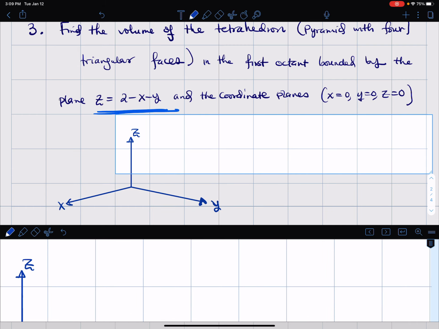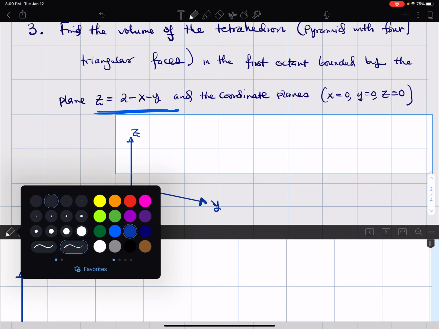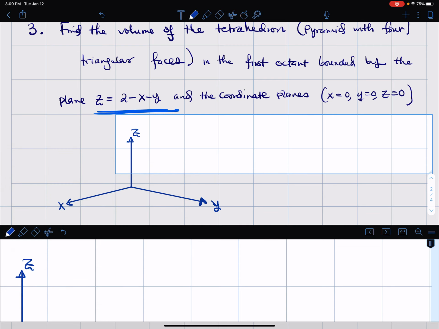To find the points of intersection of the plane with the axes, you just have to set the other variables equal to 0. So for the intersection with the x-axis, the x-intercept, every other thing is 0.